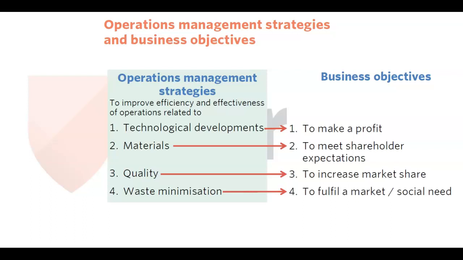And finally, here are some of the operations management strategies that we're going to move on to. So this leads us into the next amount of slides on the next day or so. We look at operations management strategies to improve the efficiency and effectiveness of operations. So we're looking at technological developments. How can we include computers in our manufacturing process? We look at materials management. How do we manage our materials efficiently so there is less wastage, for example?